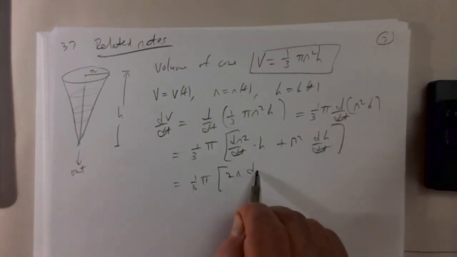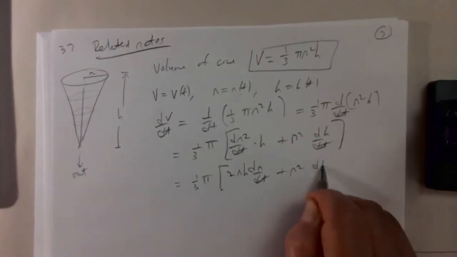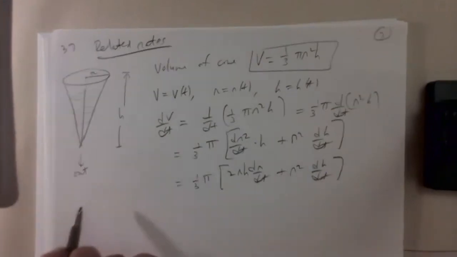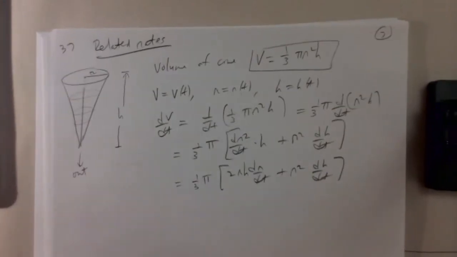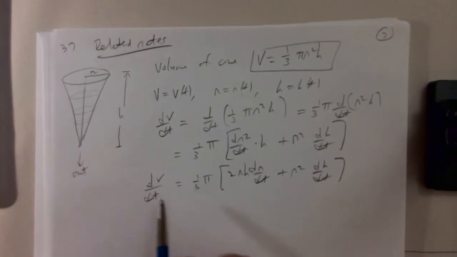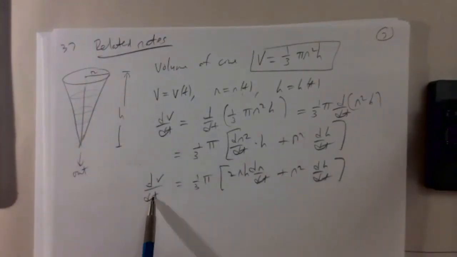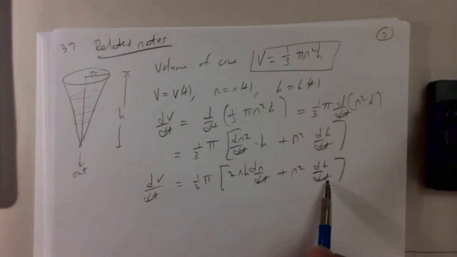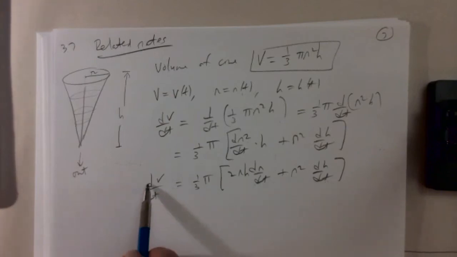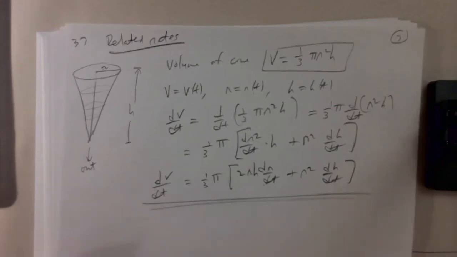That's 2r dr/dt times h plus r squared dh/dt. So this gives a relationship between these three changing quantities. As the water drips out of the tank, and you just look at the cone of water that's left, the volume is decreasing, the radius is decreasing, the height is decreasing. And those three rates, those three derivatives, are related according to this equation.